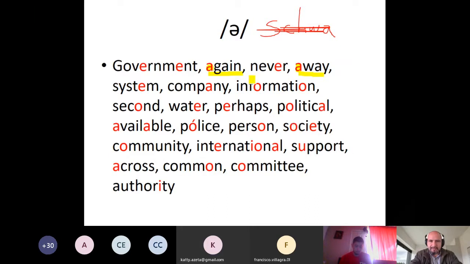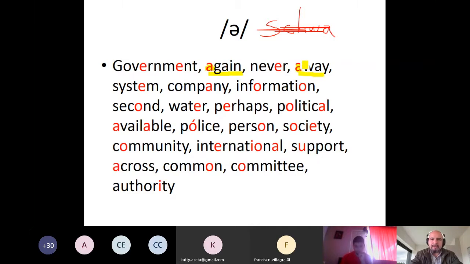So here we have words which contain the schwa. The schwa is a very lax mid-central vowel sound. It's short, and is omnipresent. You can find it in words like, for example, in initial position, again, away.